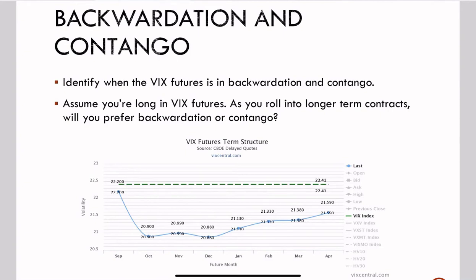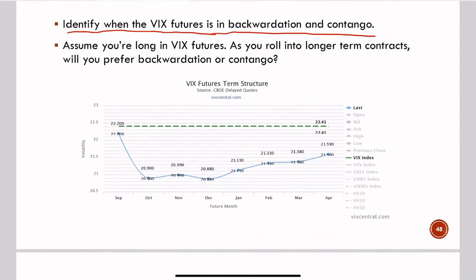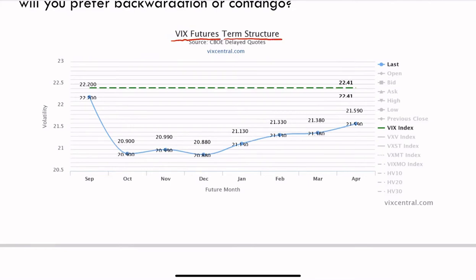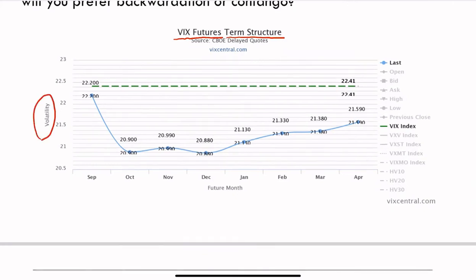Identify when the VIX futures is in backwardation and contango. So now let's look at this picture here. First, you can see that the title says this is about the VIX futures term structure. Well, I have not talked about term structure, but basically, in this case, term structure is about volatility and time to maturity.